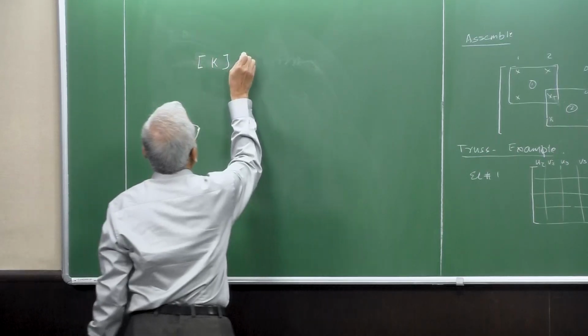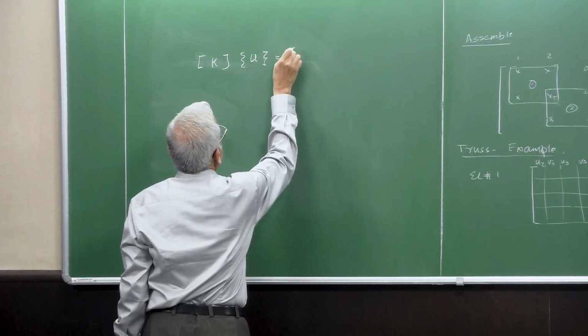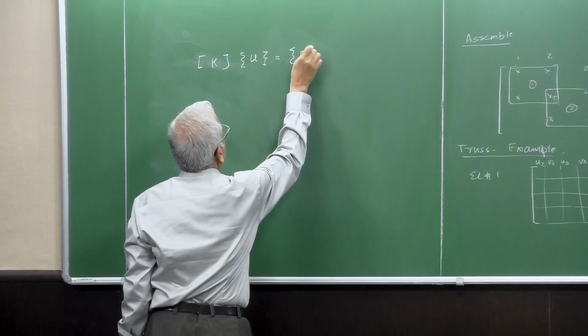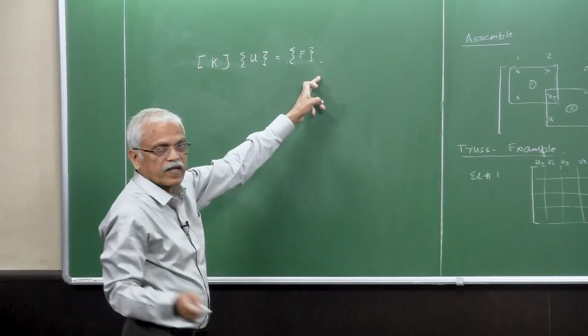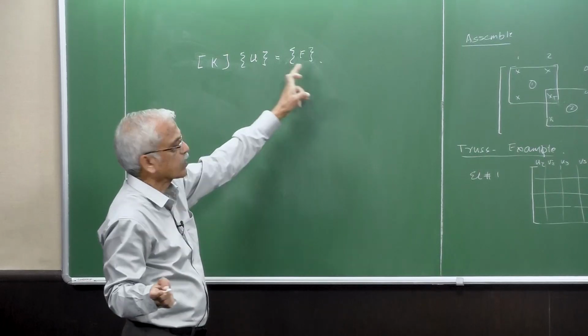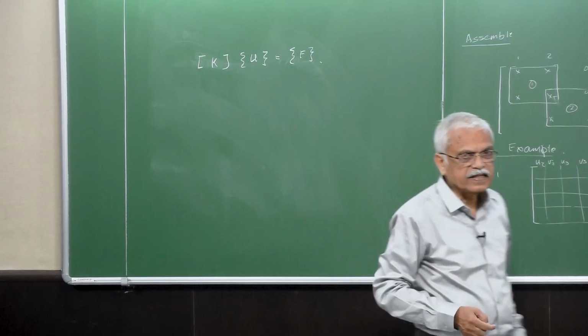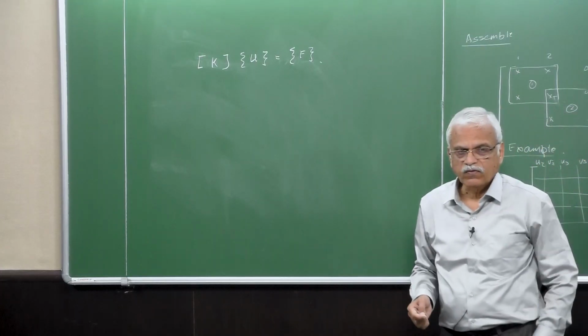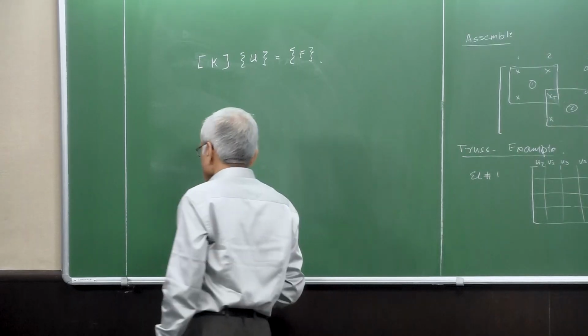So this is the system of equations, K times U is equal to F, which is 4x4, with 4 components here. What we would like to do is, given the 4 force components, which are the external applied forces, solve for U, the displacement.